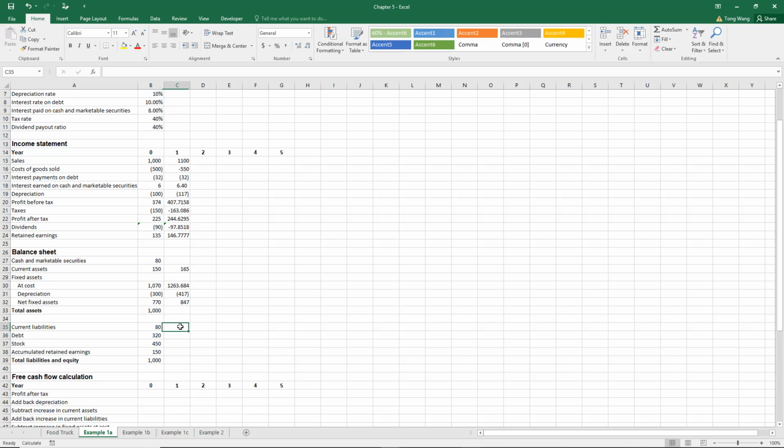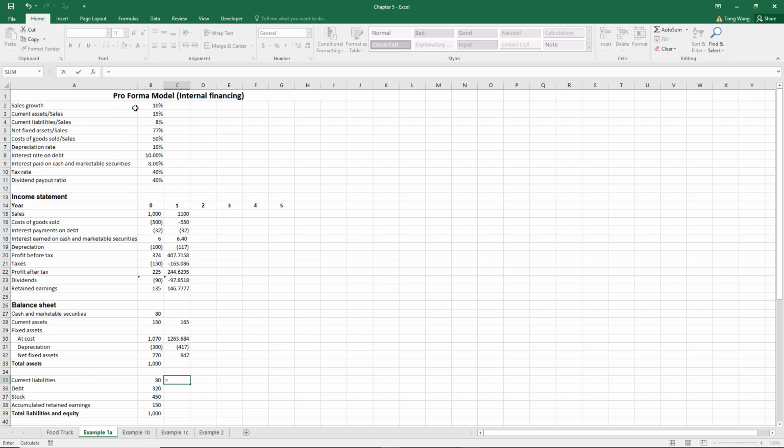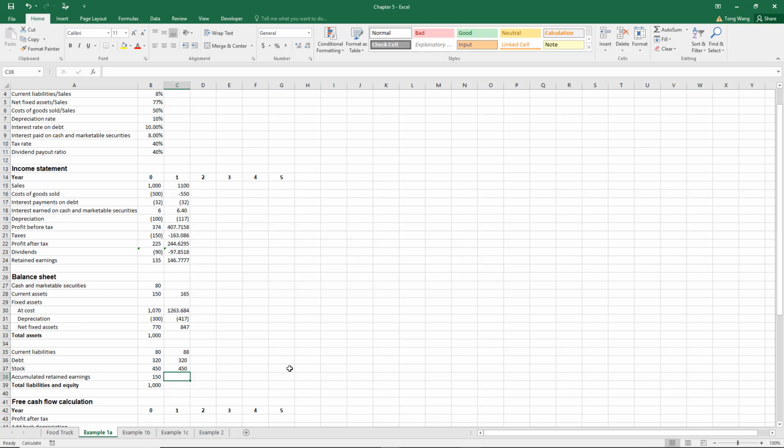So here we're going to assume that the current liability is 8% of the sales, and we're assuming that we're only using internal financing, meaning we're not issuing new debt or equity. So debt and equity stay the same as before.